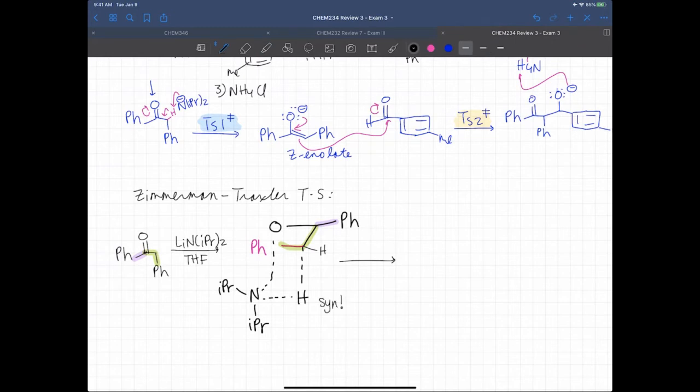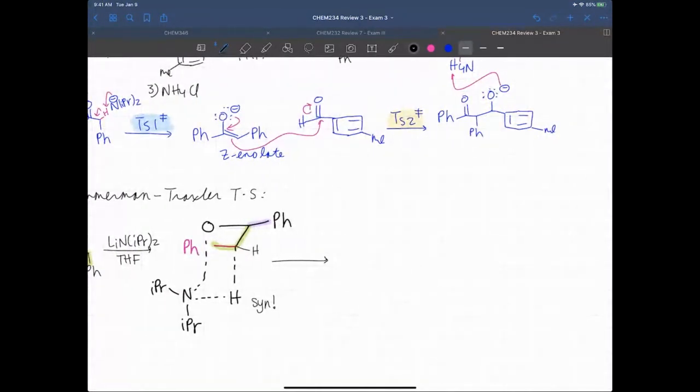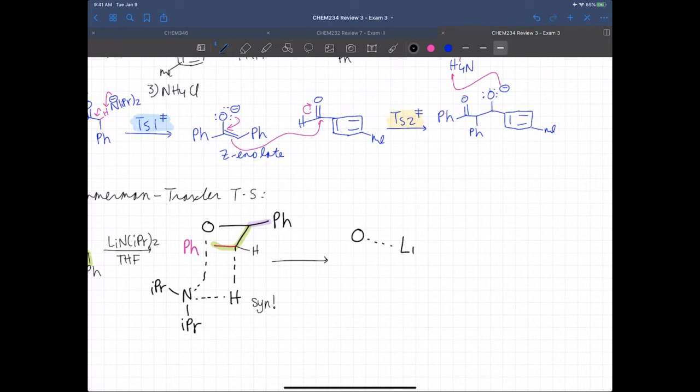All right, now after I go through the second nucleophilic attack, I'm going to get transition state 2, right? And this is the one with the big chair again. Right here, and okay.